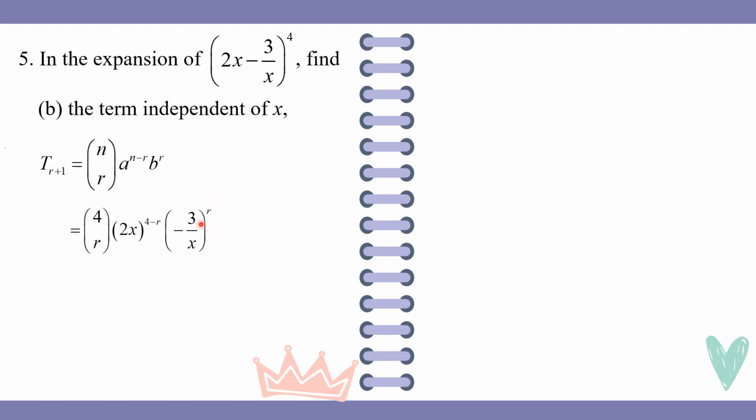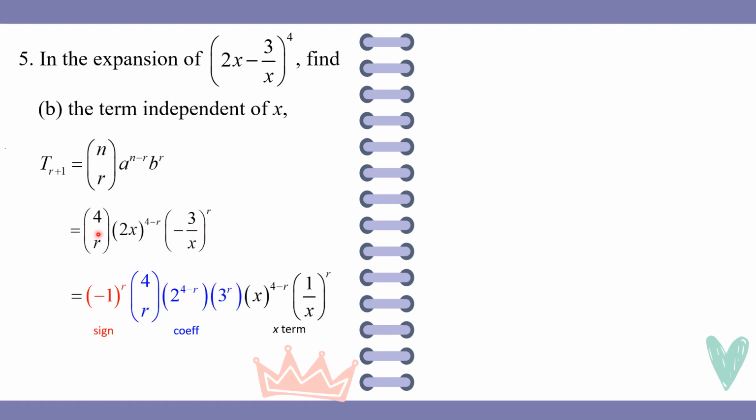Recall that this power here will be this value at the bottom. So this power here will be r, and the other power will be 4 minus r. We'll simplify in this order here, which is the sign, the coefficient, and the x term, and we'll do it from left to right. So for the sign, we have negative 1 power r.